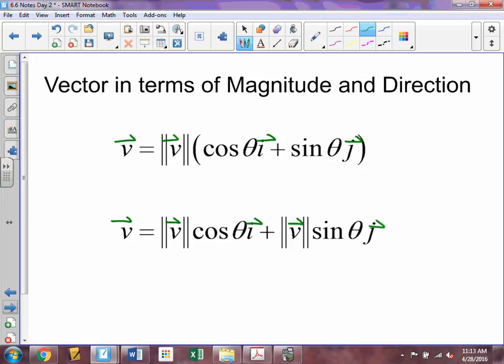Your online homework is going to want you to use the second one. That's just the most common format. The first one is kind of how the setup looks. The second one is your polished answer.